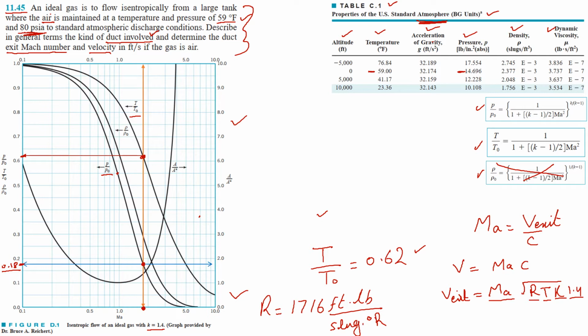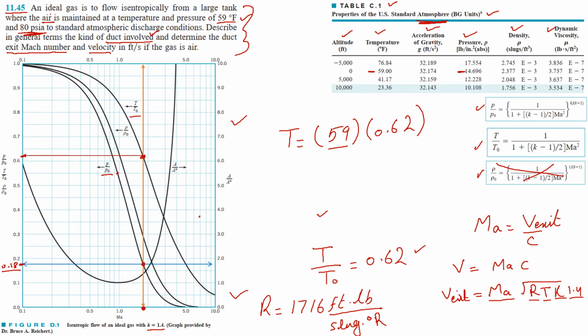So let's use this equation. T is equal to T naught, which is given as 59, and this ratio is 0.62. But this 59 right here is not the absolute temperature. This is in degree Fahrenheit, and we need to convert this into degree Rankine.